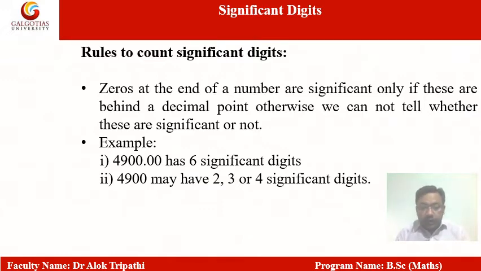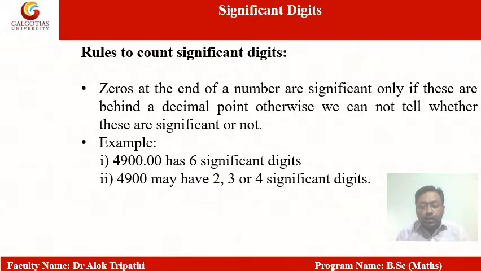But if we write 4900.00, we are using the same number 4900, but if we write it as 4900.00, then this number will have 6 significant digits.